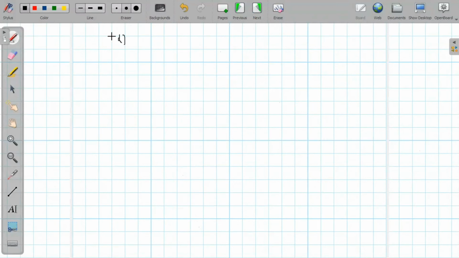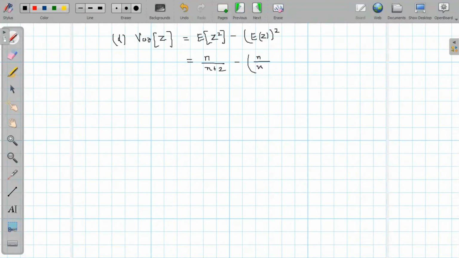In part D, they have asked about the variance of z. So that we know will be equal to the expectation of z square minus the expectation of z raised to power 2. So this we have calculated just now. It was n over n plus 2 minus n over n plus 1 whole square.